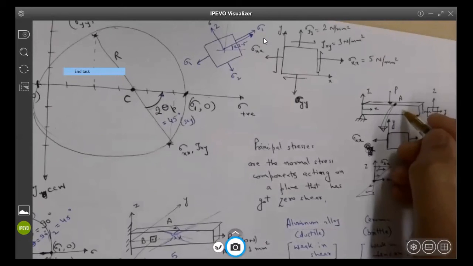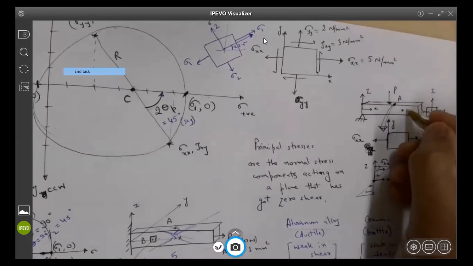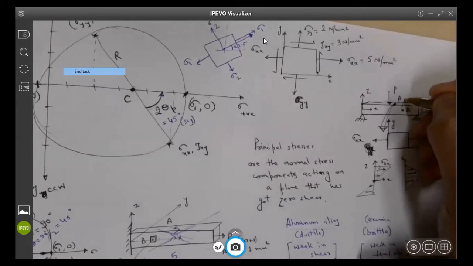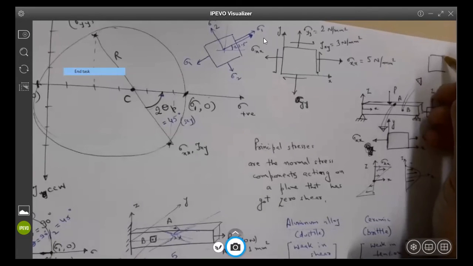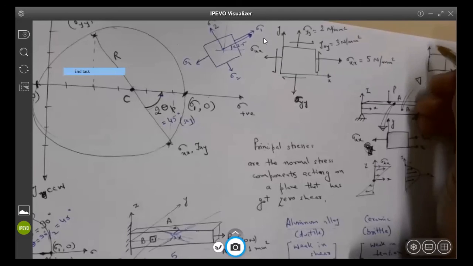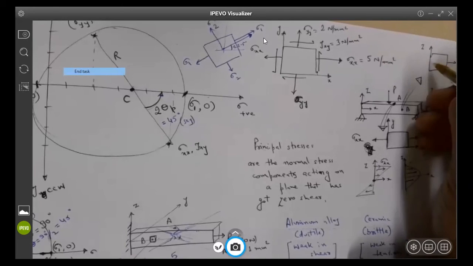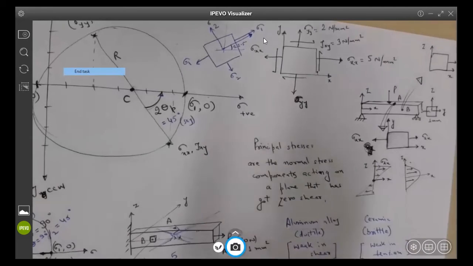But if I'm looking at point B, which is in the middle, then I have a different stress representation. This will be X, this will be Z. In this scenario, do we have sigma XX or not?